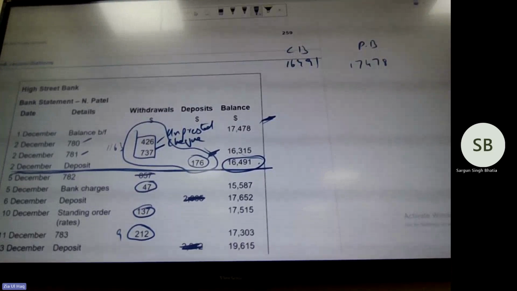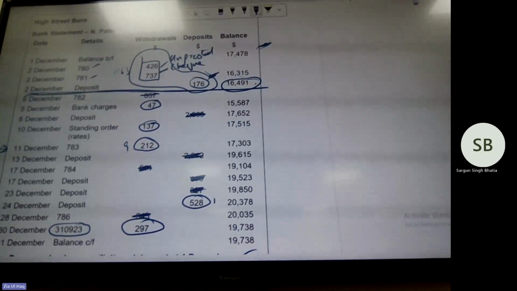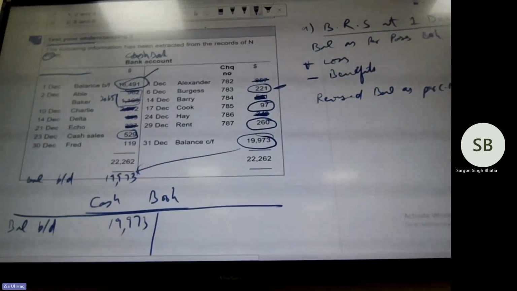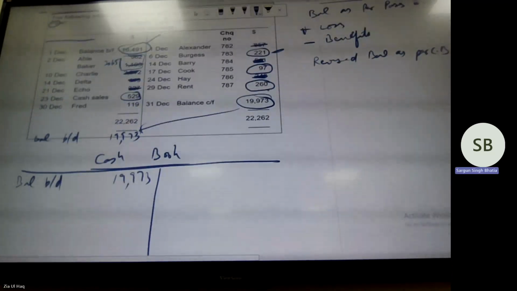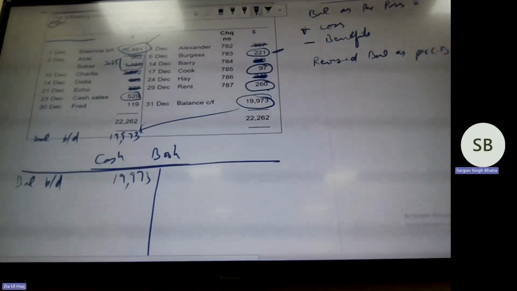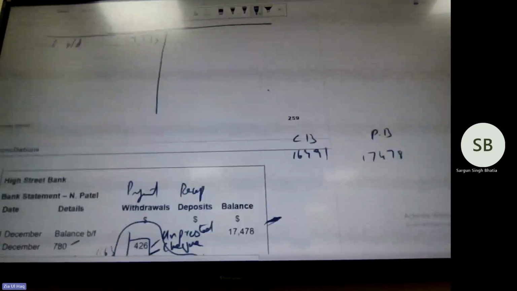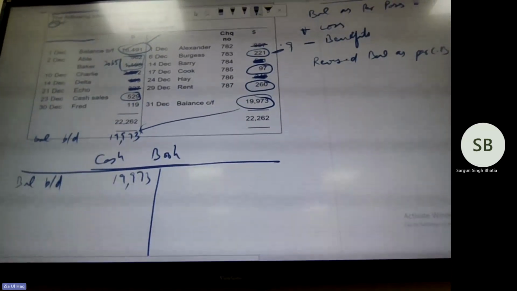The error is in the cash book. Withdrawal means payment, deposit means receipt. The payment is of 212, but we recorded 221 in the cash book. We have recorded more, so by 9 we have recorded more.